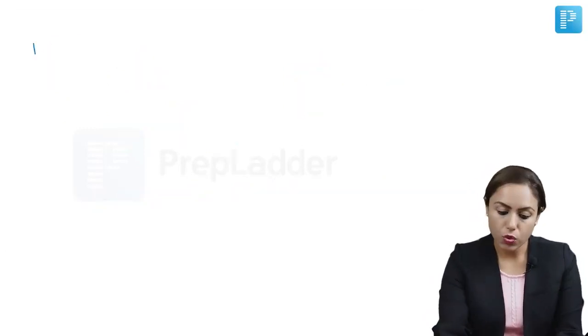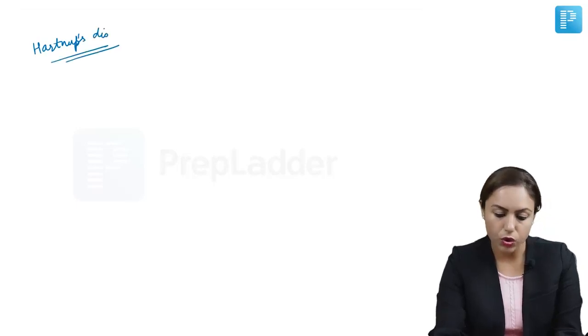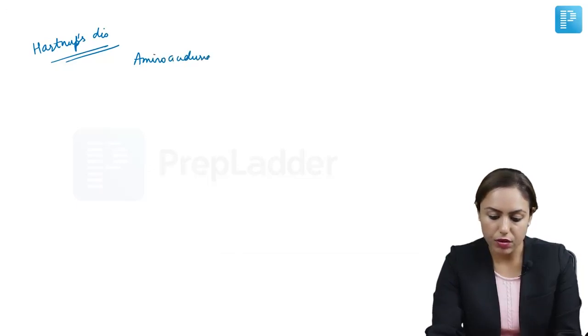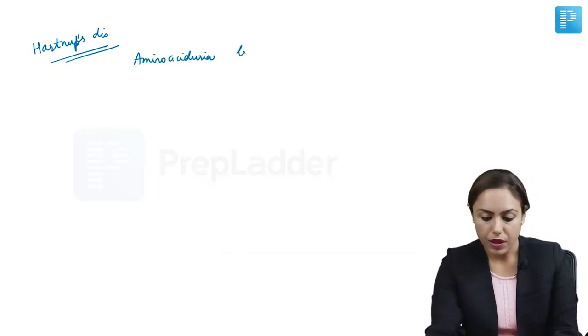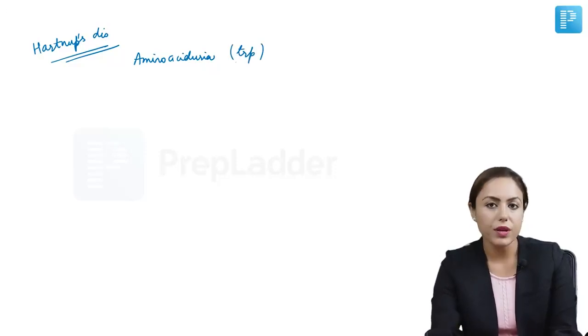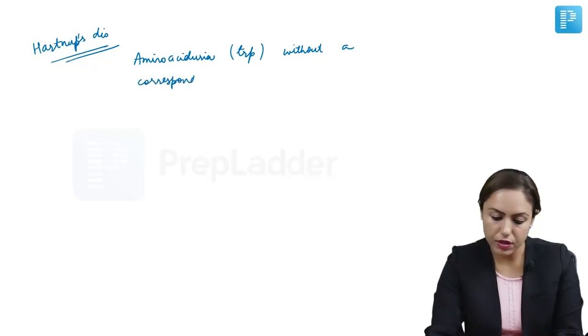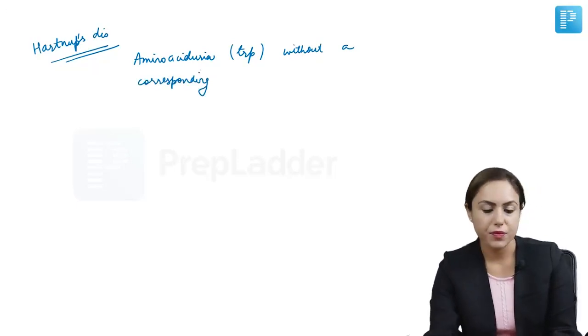Then let's do Hartnup's disease, which is autosomal recessive. In this disease, there is aminoaciduria, especially tryptophan coming in urine without a corresponding increase in its serum levels.